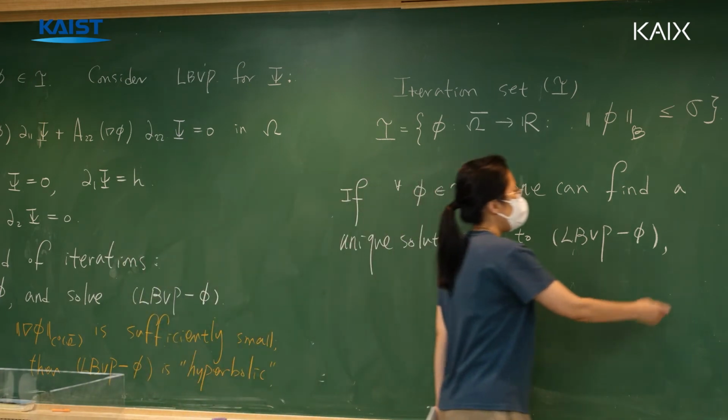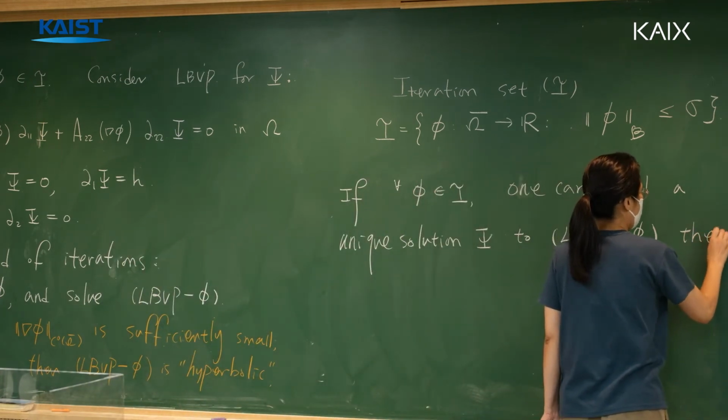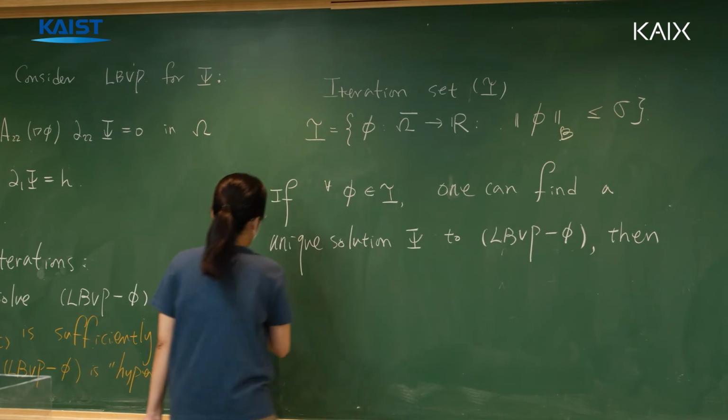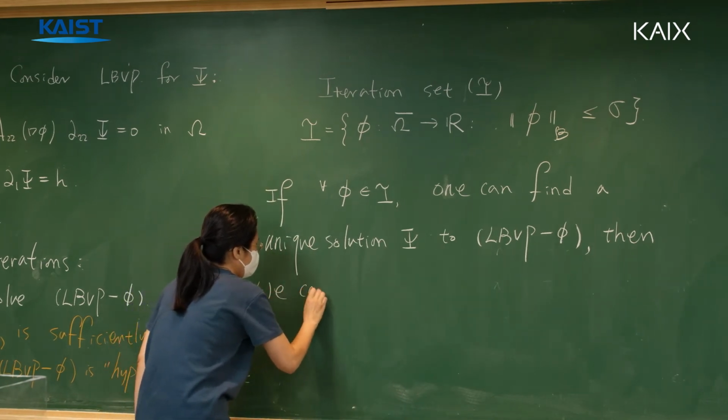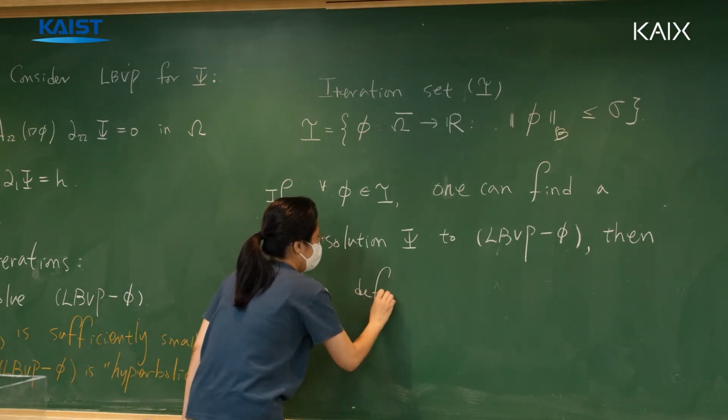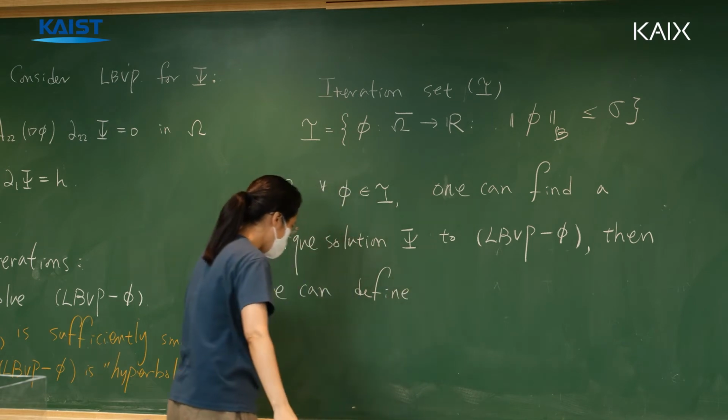Then we can define a mapping, and this is called the iteration mapping.